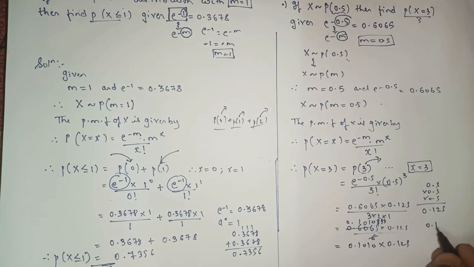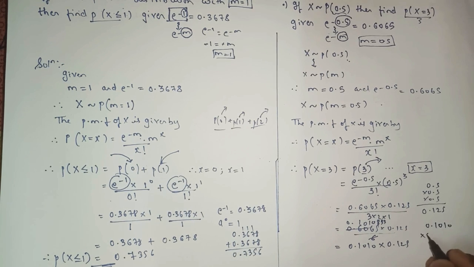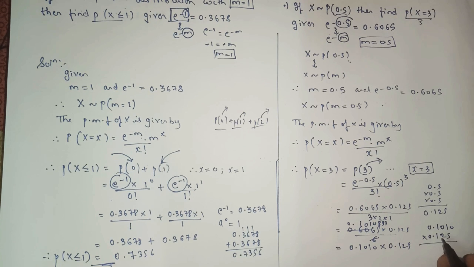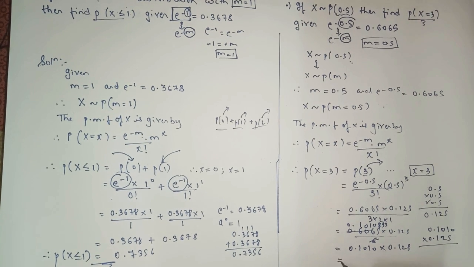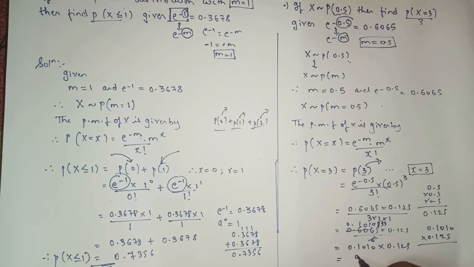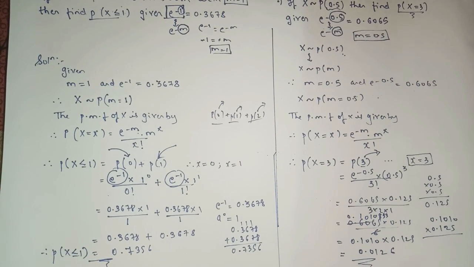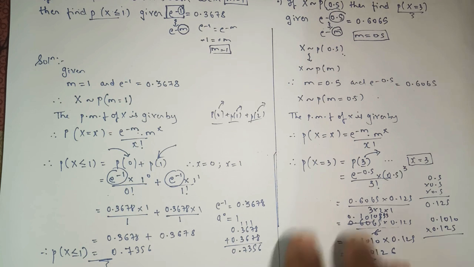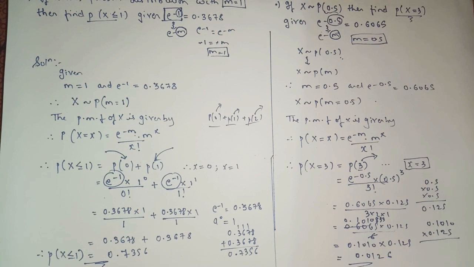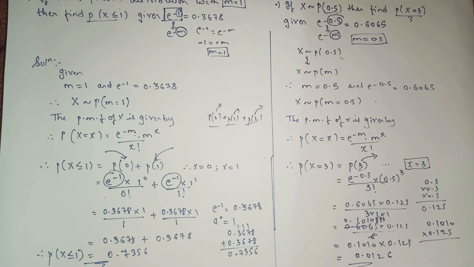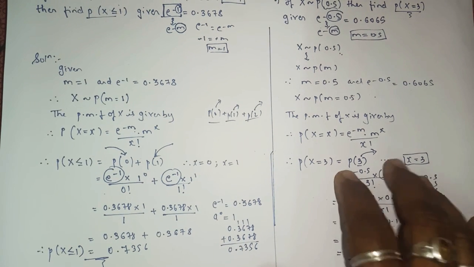When you multiply 0.1010 into 0.125, you will get the answer 0.0126. Just simply multiply and check. I hope you all understood how to find the answer. This sum was based on exactly, not at most.